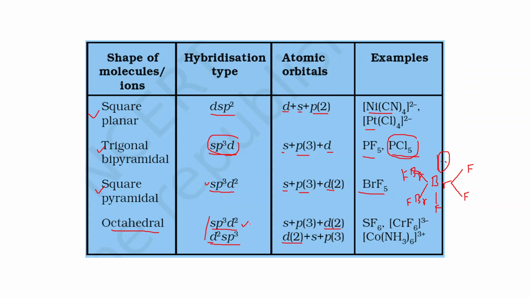Examples of sp3d2 hybridization are SF6, CrF6 3-; an example of d2sp3 is Co(NH3)6 3+. The formation of SF6 we will discuss in detail.